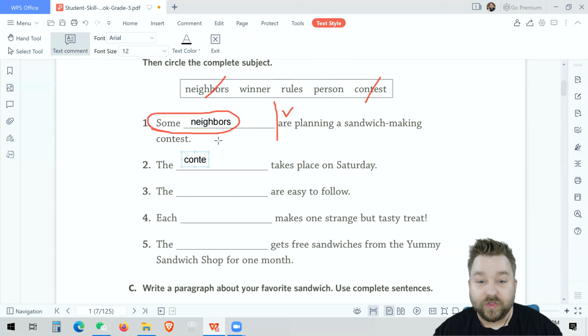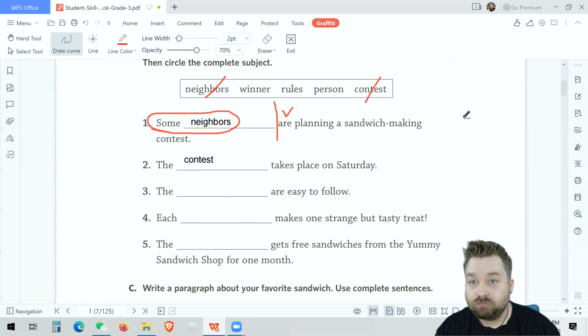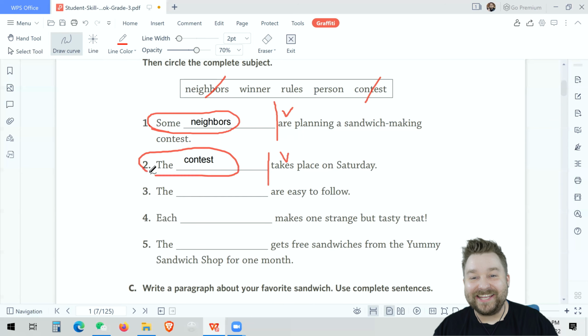The contest. So let's find our verb. What's the do? Takes, right? The verb is takes. So we draw the line. What's our whole complete subject? All of it. It's so easy, right? Cool.